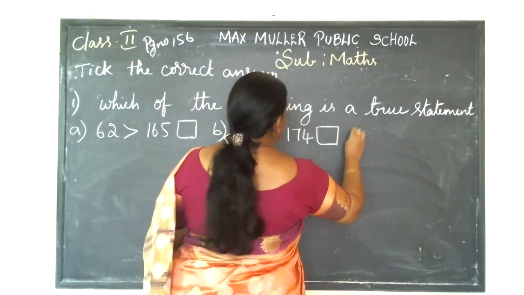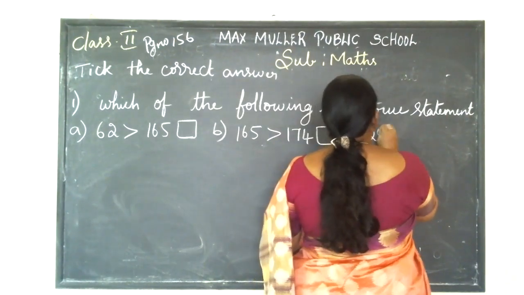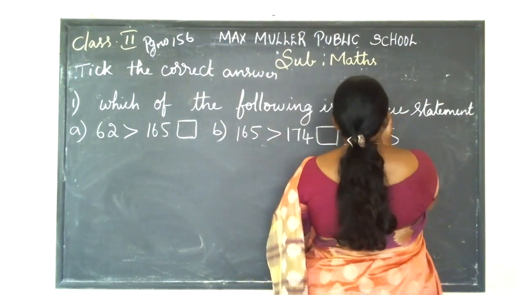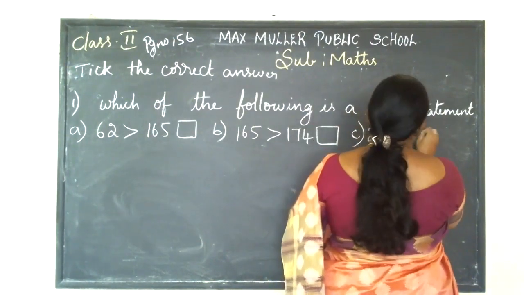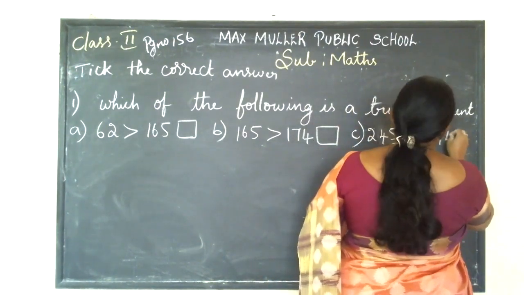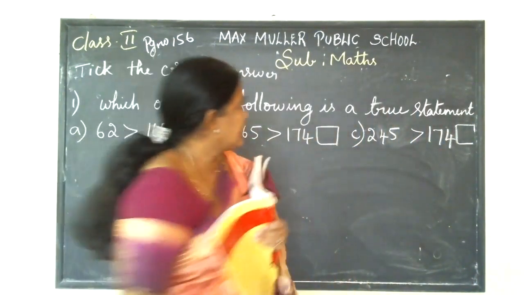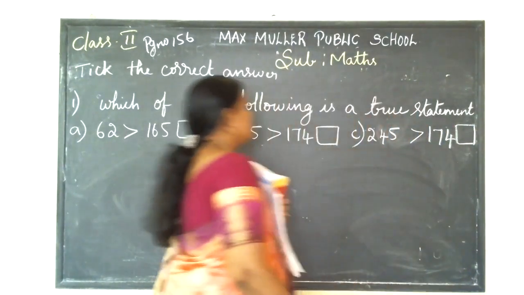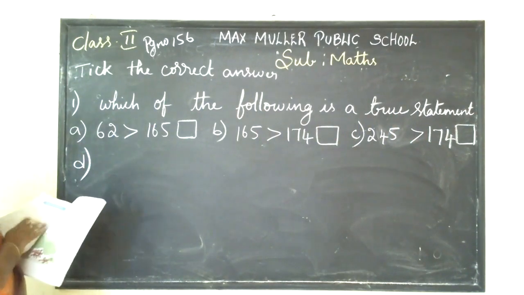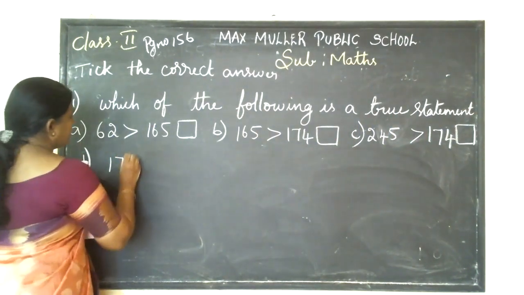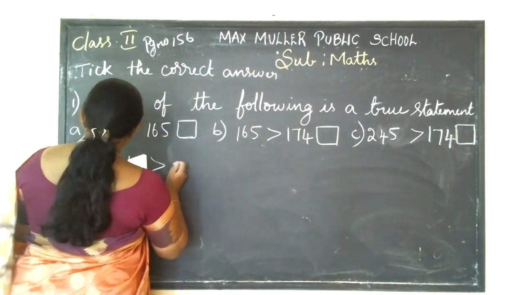Now C, 245. 245, this also lesser than 174. Now D, 174, 245.